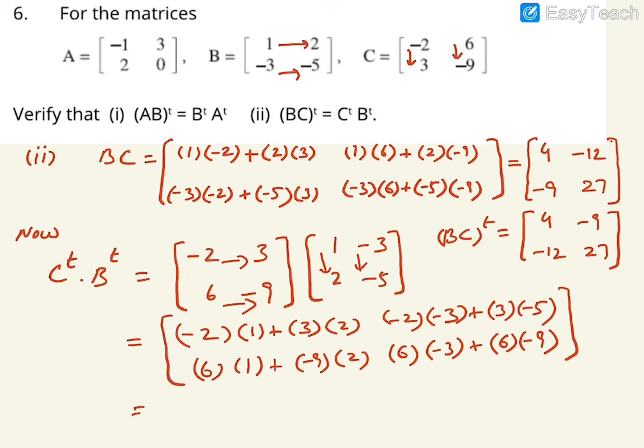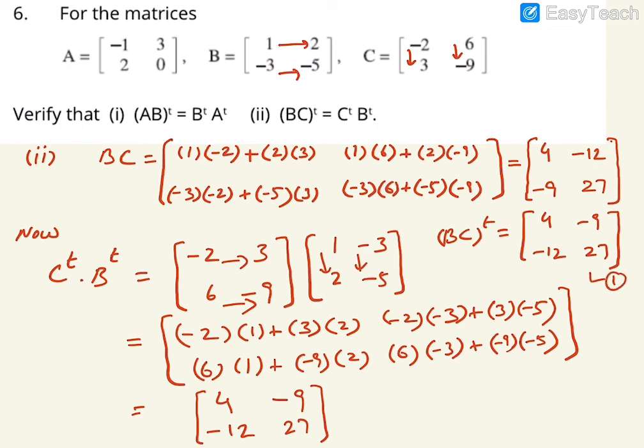Now we can have minus 2 and plus 6 will be 4. 3 times 2 is 6, minus 15 will be minus 9. 6 minus 18 is minus 12. And 6 with minus 3, minus 9 with minus 5: minus 18 and plus 45 will be 27, which is the same.